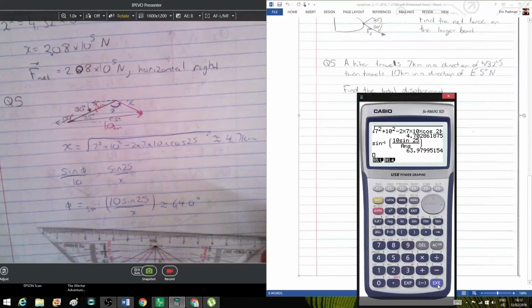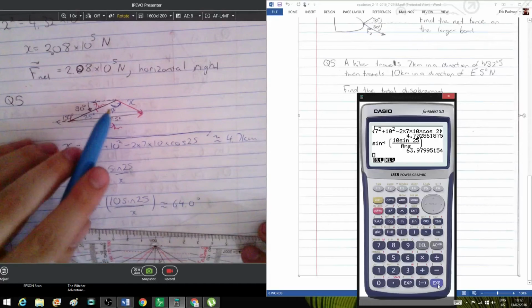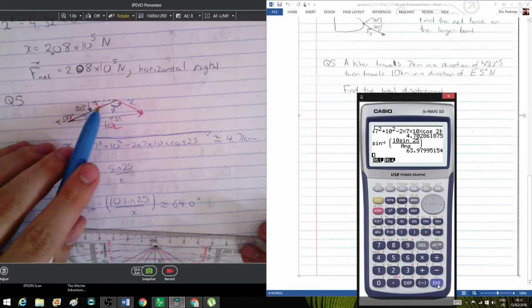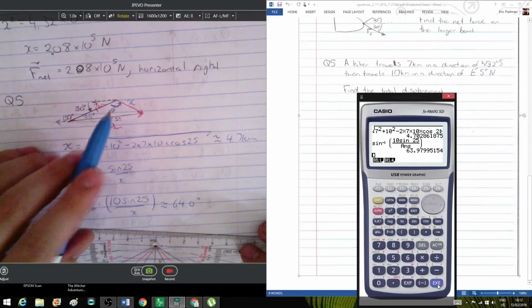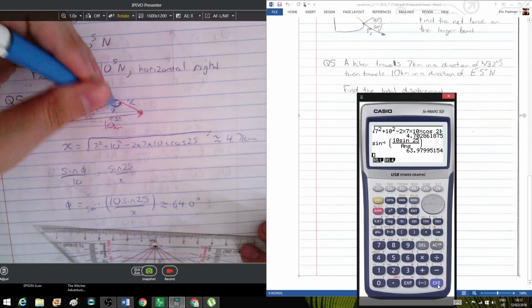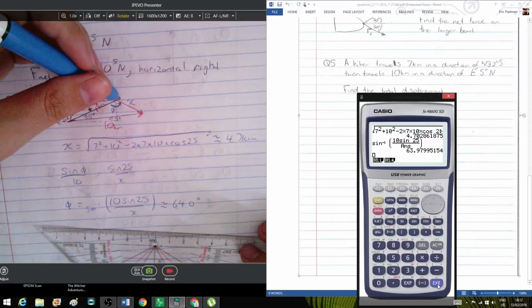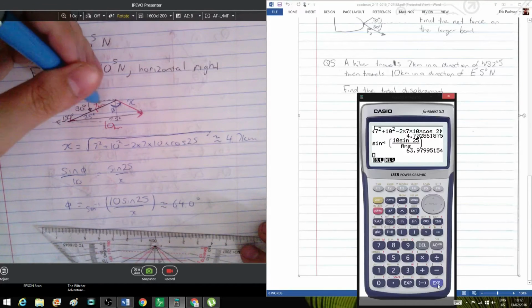All right, so that's the one up here. Now we've got 30 degrees here. So that's essentially, like we could have a south line here. Hang on. That's 30 degrees.